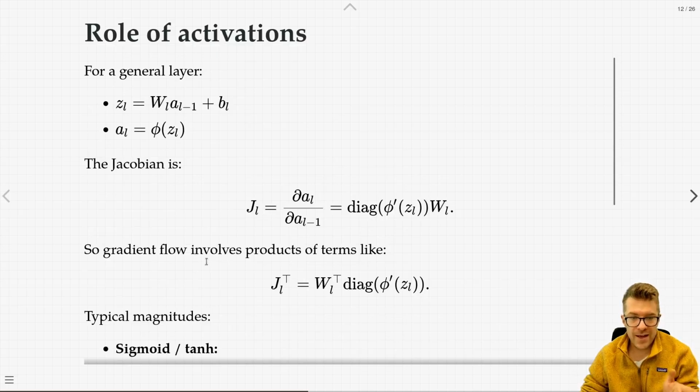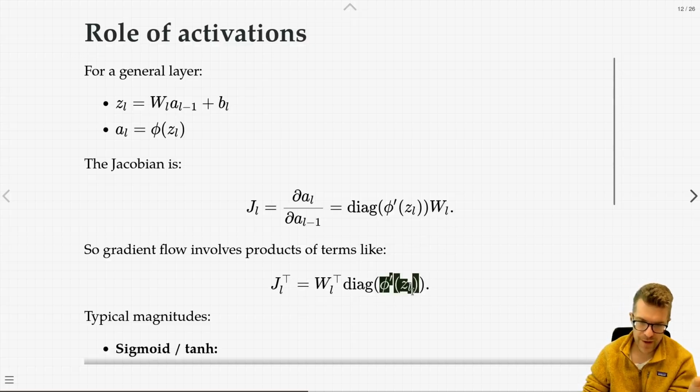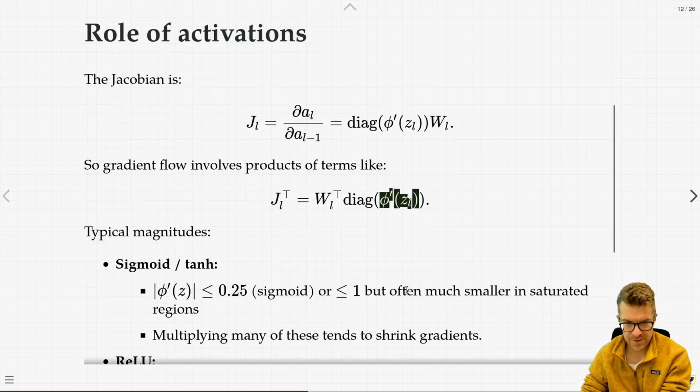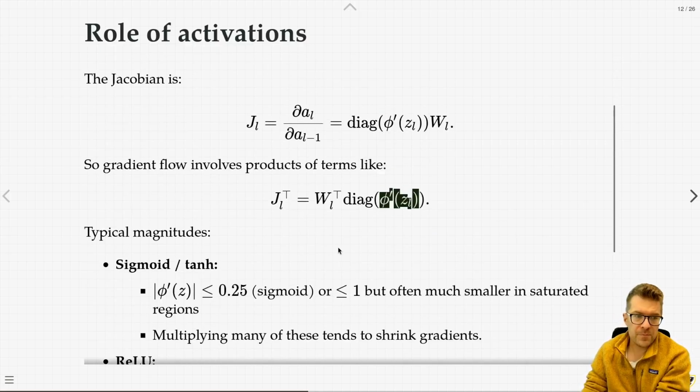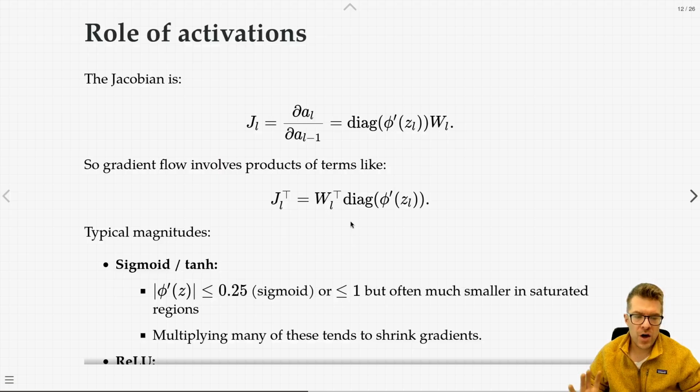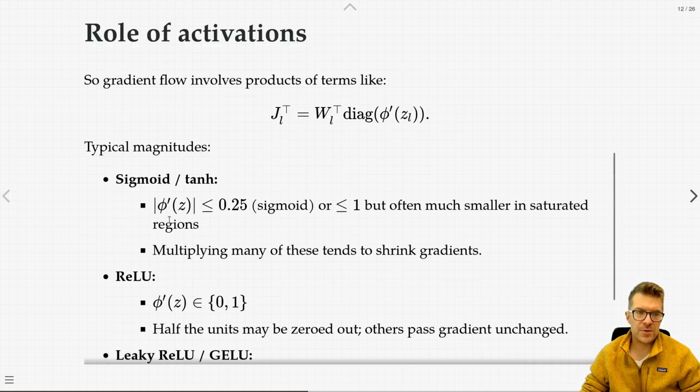So if that's the case, then the gradient flow, the transpose of this Jacobian, which we're going to use for pushing gradients backwards through the neural network, is going to be the transpose of our weight matrix times the diagonal of the derivative of the activation function given z sub L. And this will give us magnitudes which are actually well understood.